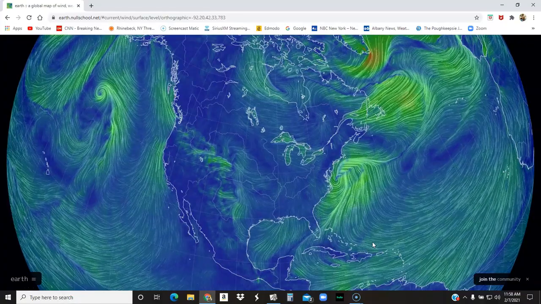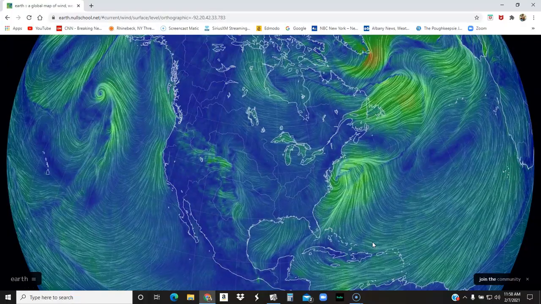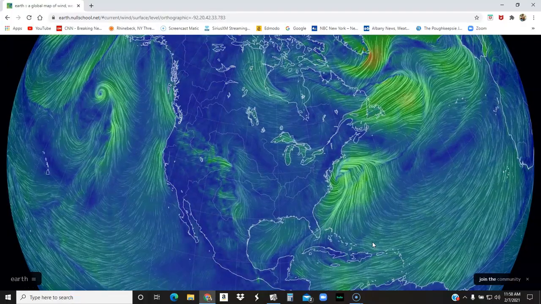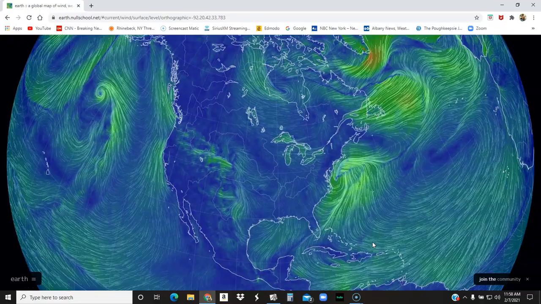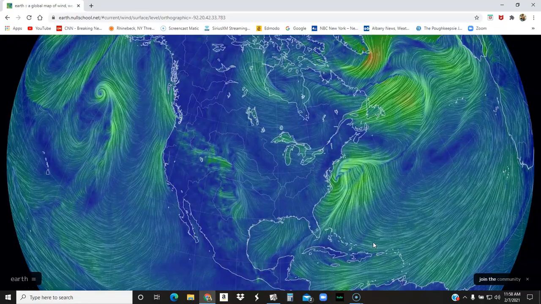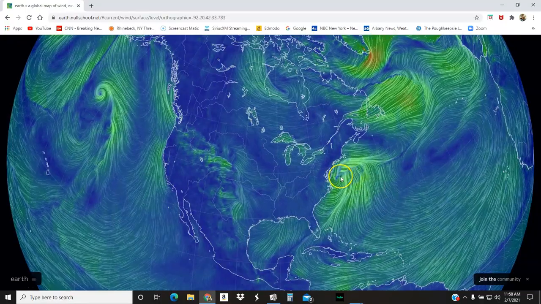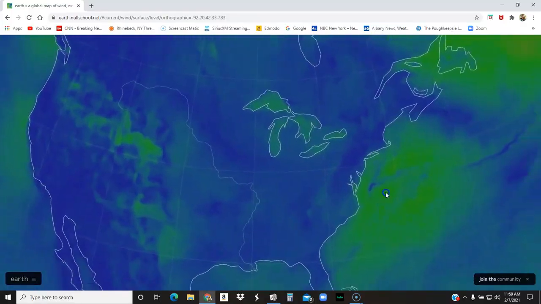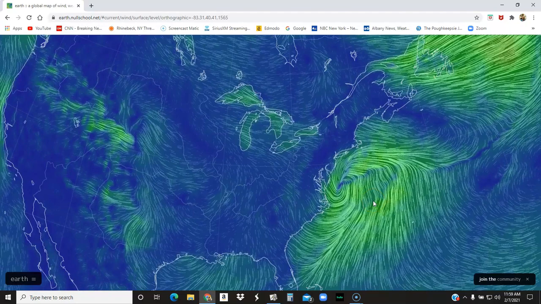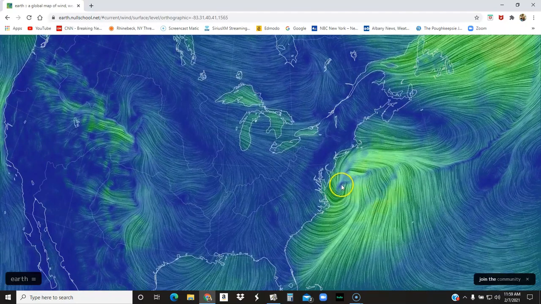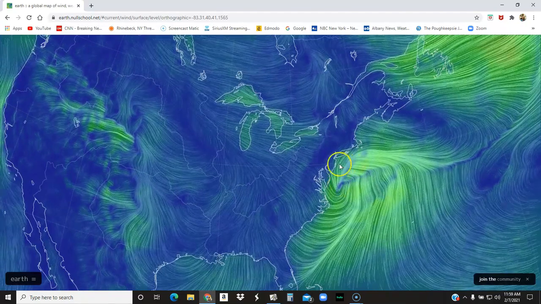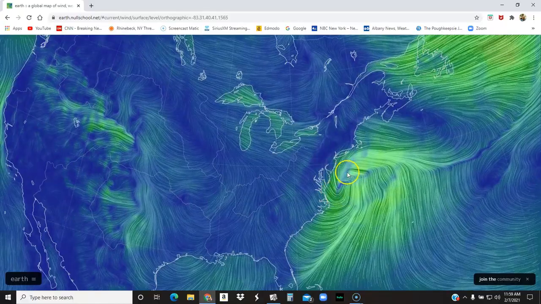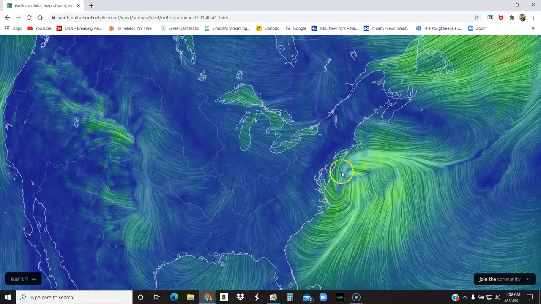You can point to exactly the center of the storm, where the actual rotation is, on the eastern seaboard. I'll put the mouse right over it. It's right there. Let me zoom in a little closer. You see the storm would be right here. These are showing you the winds circulating, and you see that counterclockwise flow around the low.